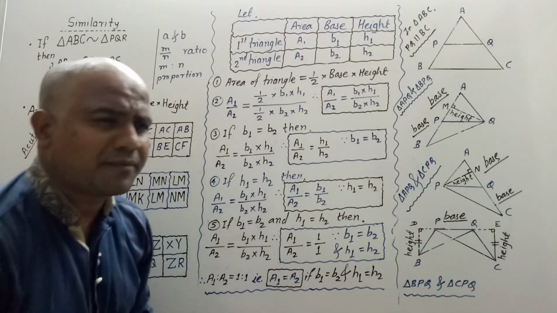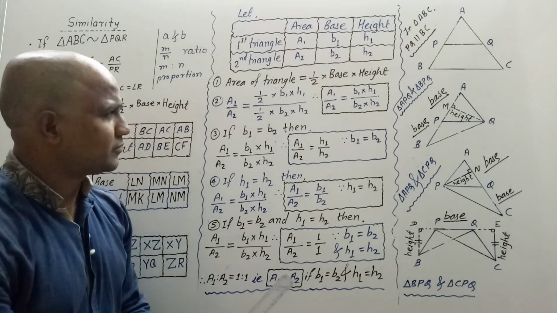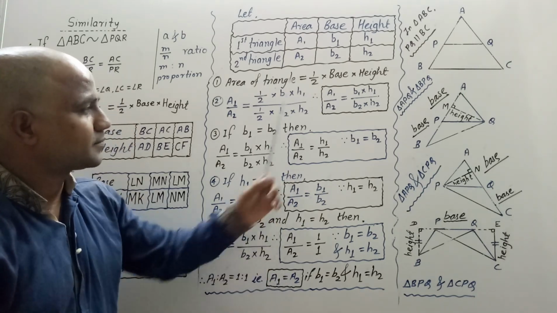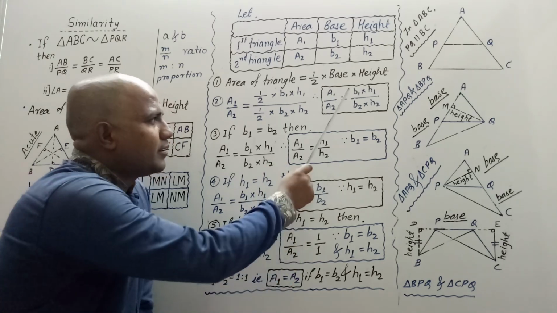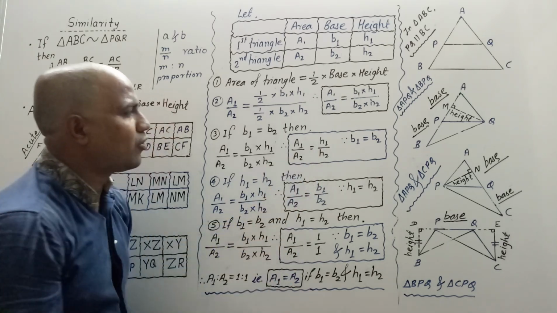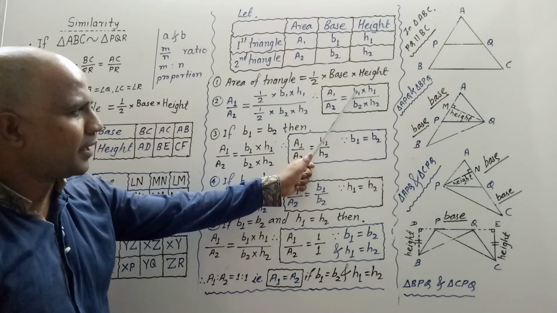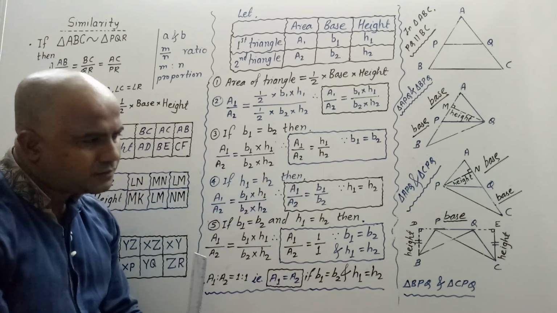What is the property? Say with me. The ratios of areas of two triangles is equal to the ratio of product of their base and corresponding heights.